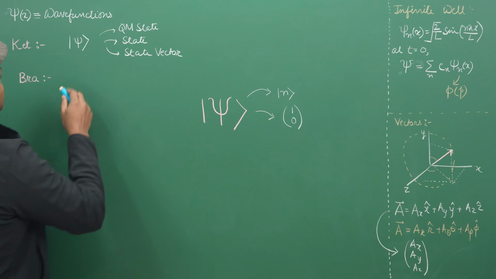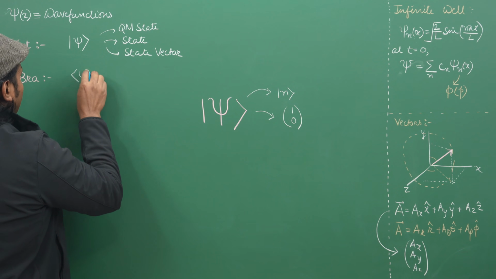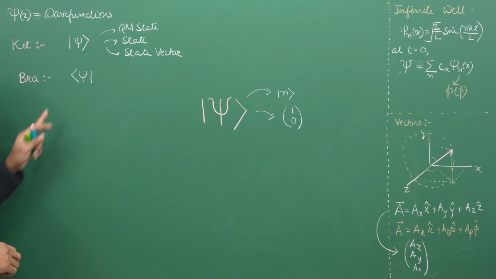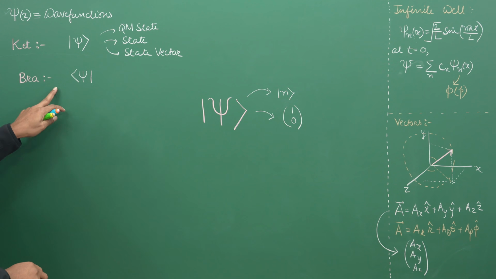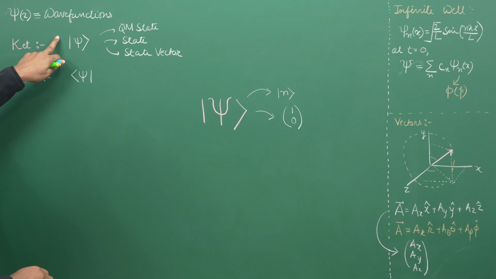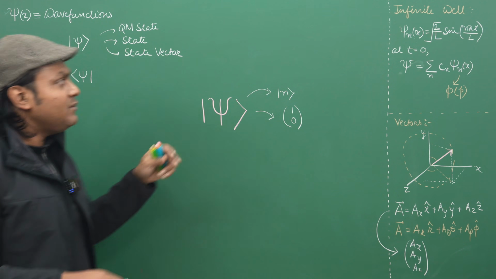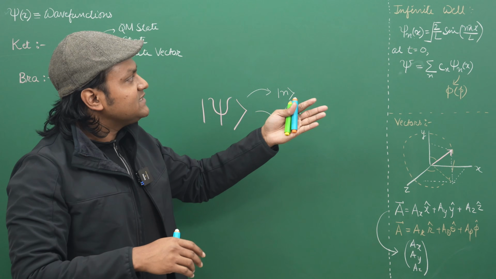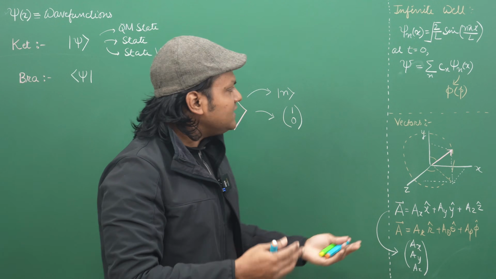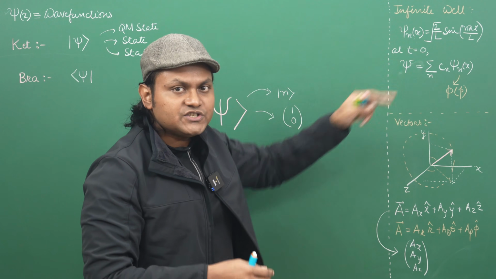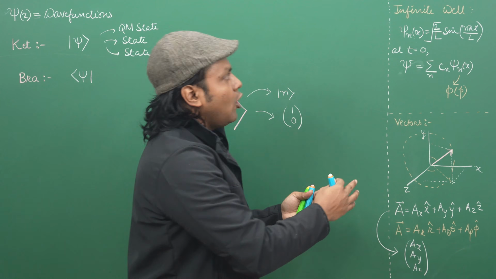The bra is essentially written in this particular manner. To every ket, there is a bra, and to every bra, there is a ket. Now, you might ask, what is the relationship between them? Well, for example, when we were discussing wave mechanics, we always used to talk about wave functions and their complex conjugates.